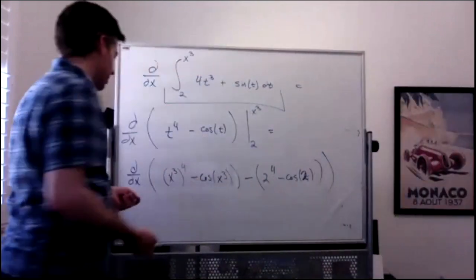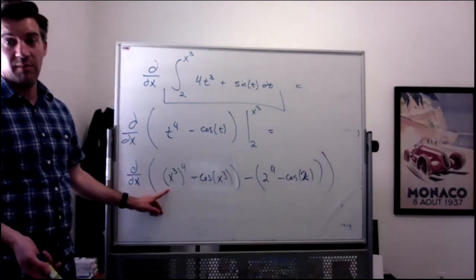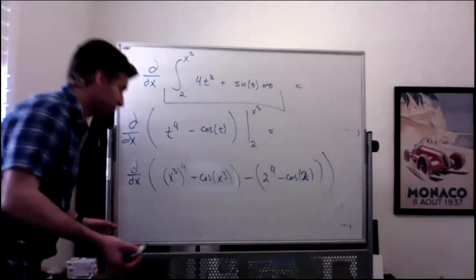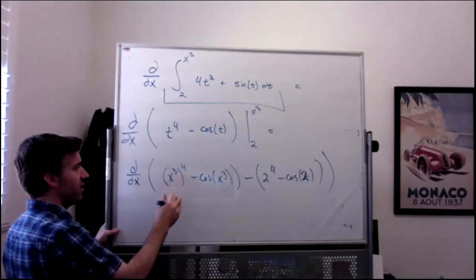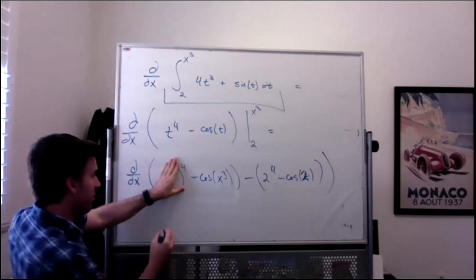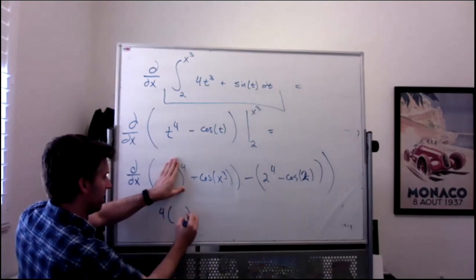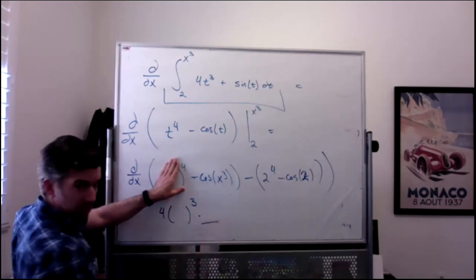So yes, I know the derivative of x to the 12th is 12x to the 11th, but I'm going to do it using the chain rule. The derivative of x cubed, x to the 3rd to the 4th. So I've got something to the 4th power. The derivative of something to the 4th power is 4 times my something to the 3rd power times the derivative of that something.